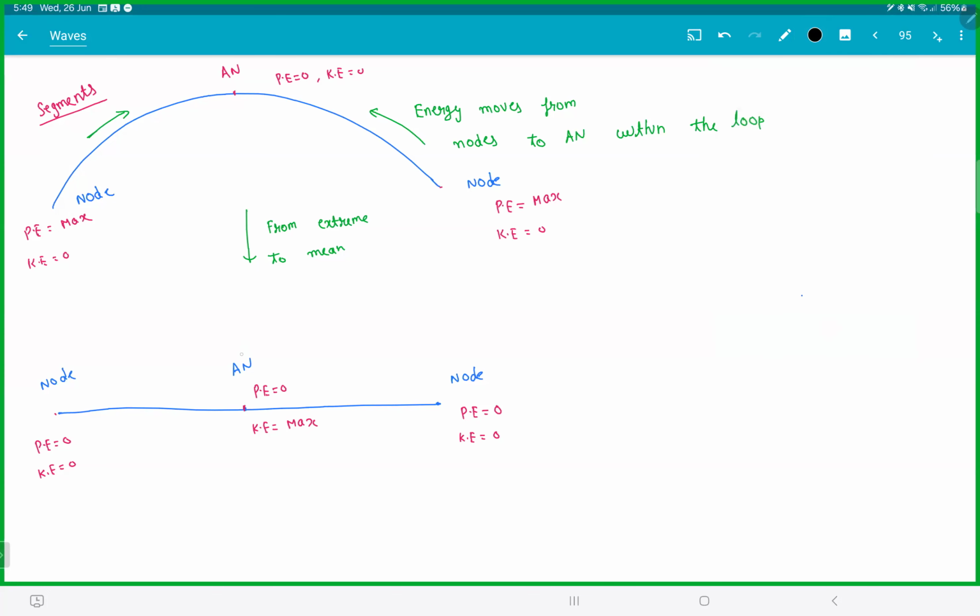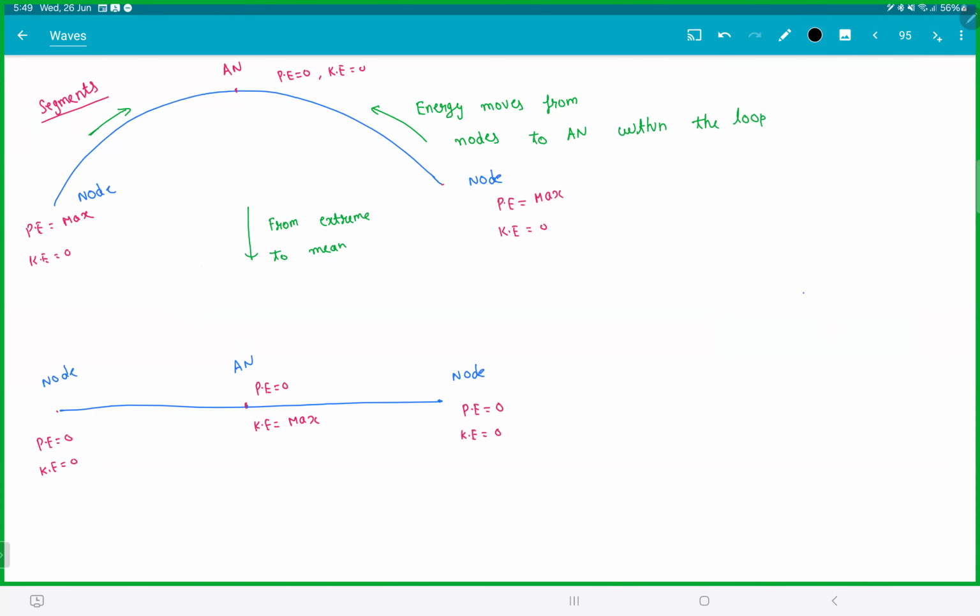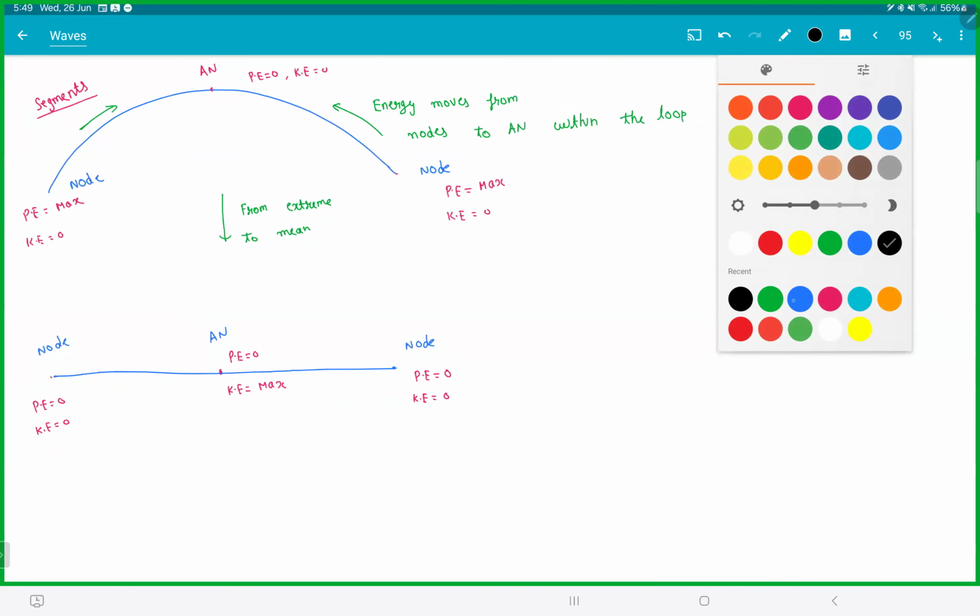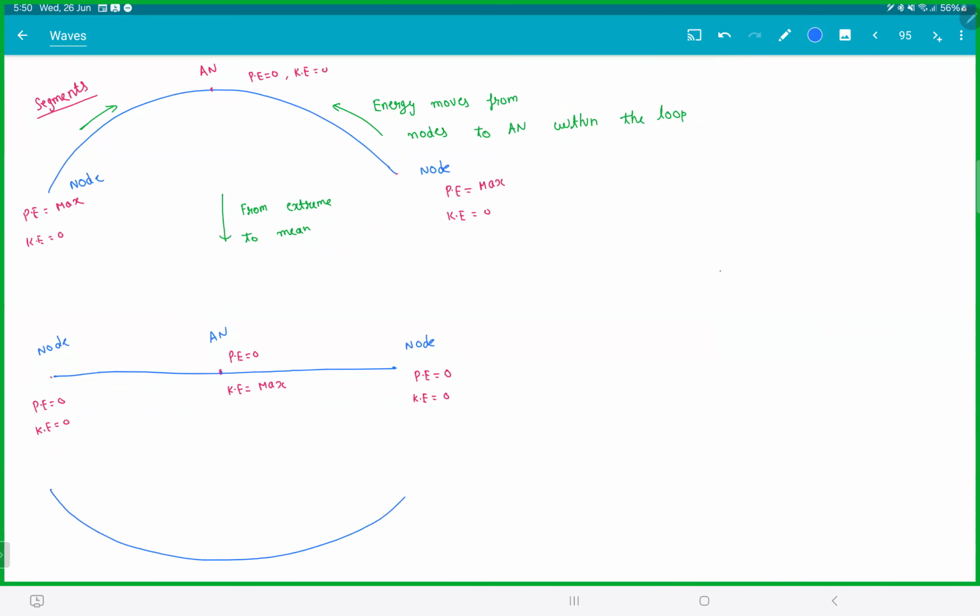Now from this position, again when you go back, from mean to extreme, the string will go to the other position. Maybe I'll try to draw that also. So when the string again becomes like this, from here to here, again from mean to extreme, this will be a theoretical question in the exam.